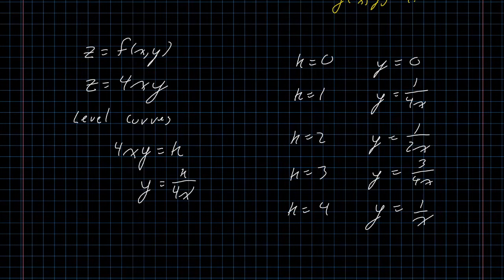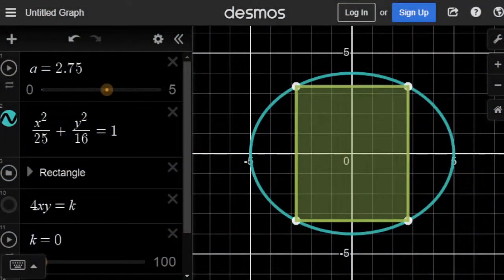I know what all of these curves look like. Right? I know what the graph of a reciprocal function looks like, and I know that multiplying that reciprocal function by a constant is just going to change the amplitude. Once again, I'm not going to try to graph this by hand. I'm going to jump over to Desmos and let it do the work for me.